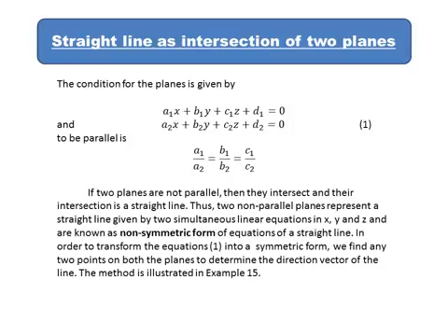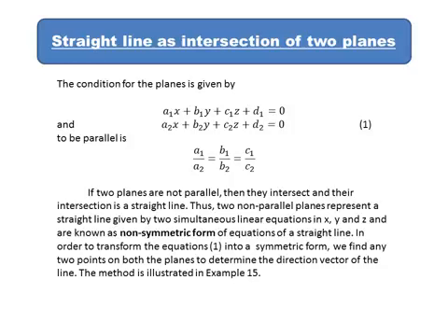Thus, two non-parallel planes represent a straight line given by two simultaneous linear equations in variables x, y, and z, known as the non-symmetric form of equations of a straight line.